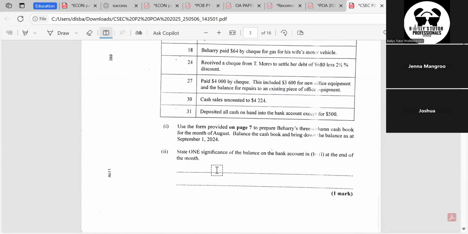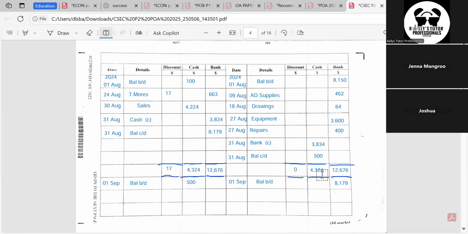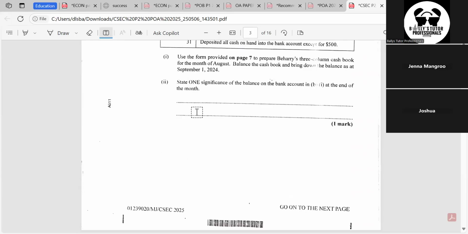And then they asked us to state one significance of the balance on the bank account at the end of the month. What is something you can tell me about this balance for the bank account? It's on the credit side. What does that mean? It means we owe the bank that amount. Right, you owe the bank that amount. So there will be a bank overdraft. Right.